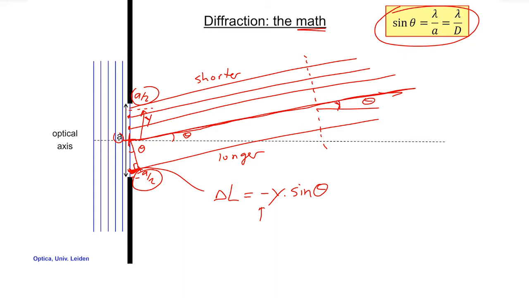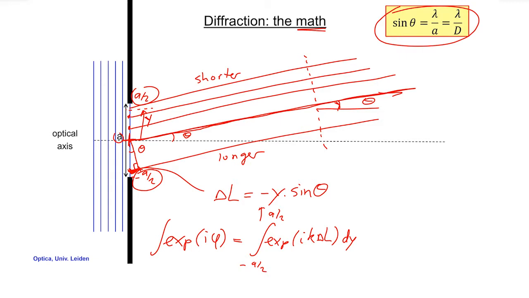So for the calculation you need the phase factors of these various contributions, and so what you need is to integrate all these contributions. You need to integrate e to the i k delta L over the slit, so from position minus a over 2 to position a over 2.